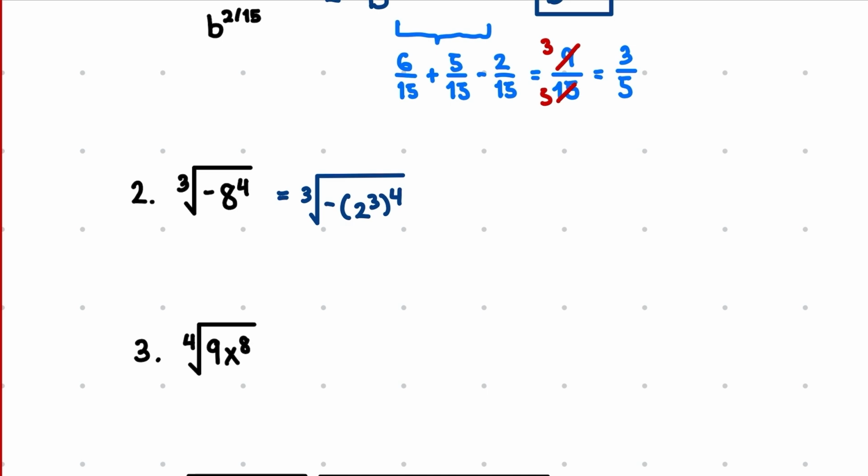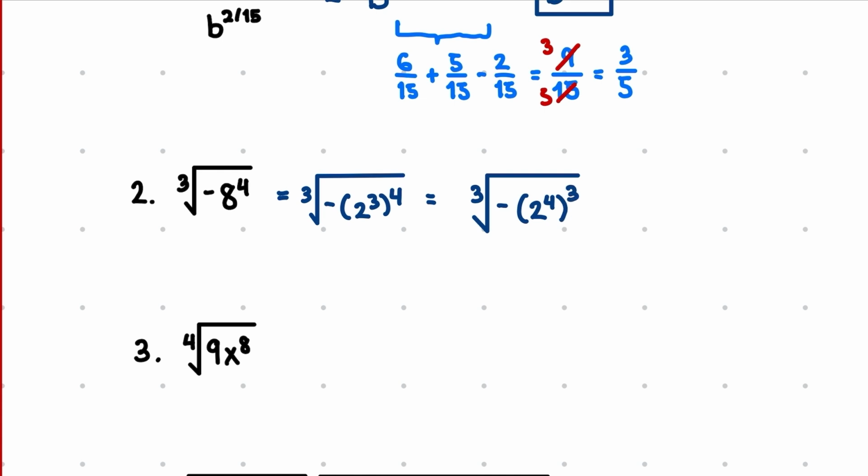And then from here, take note that by laws of exponents, we can actually switch this one to here. So we can write this one as the cube root of negative 2 raised to 4 cubed.